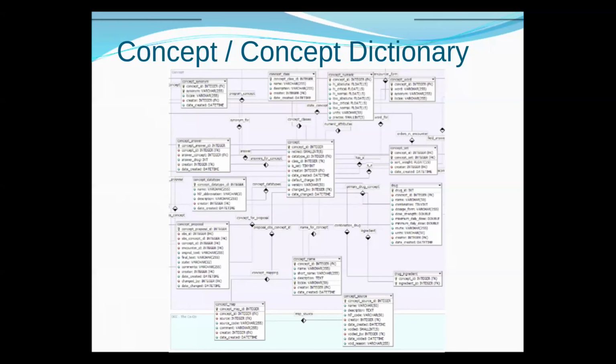In the data model, OpenMRS is backed up by an elaborate concept dictionary. Look at it as a collection of terminologies used in the system. In OpenMRS, for you to record something about a patient, that something needs to be defined in the concept dictionary.